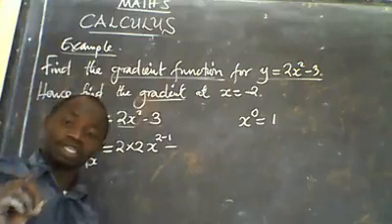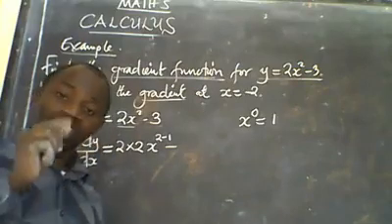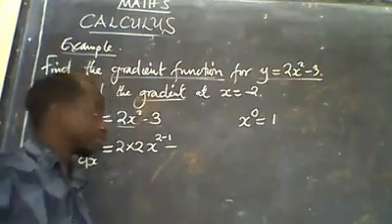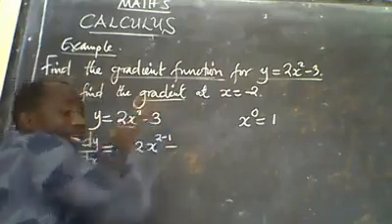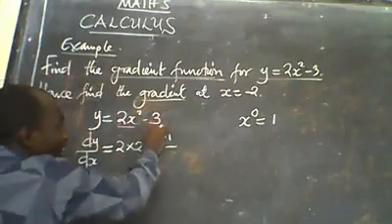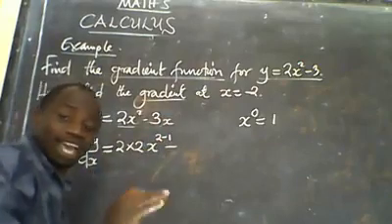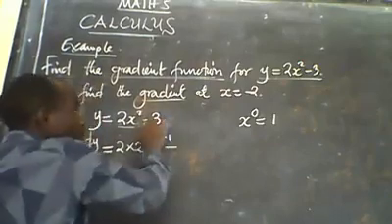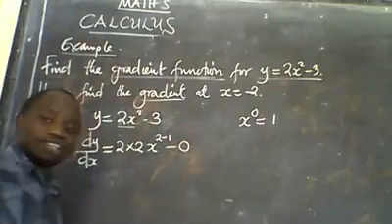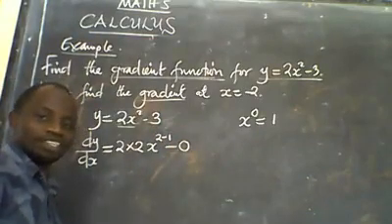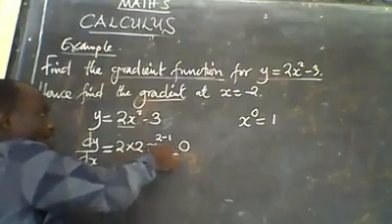Take note of that. I don't have to waste much time here. It doesn't have x, so for any number, as long as it's a constant, the answer is always 0.